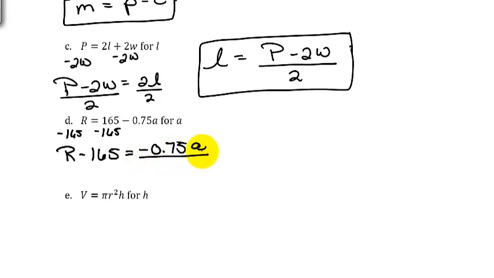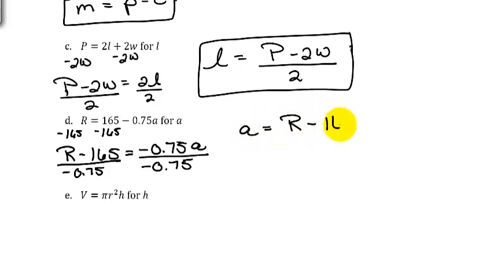And then to finish getting the a by itself, we need to divide both sides by negative 0.75. So a is equal to R minus 165 over negative 0.75.